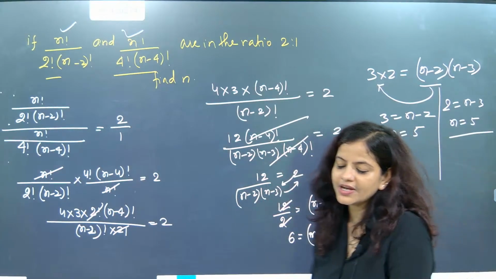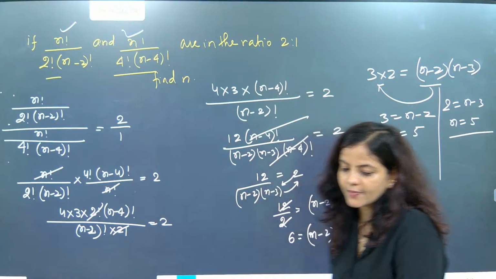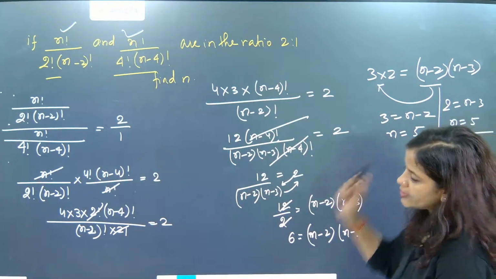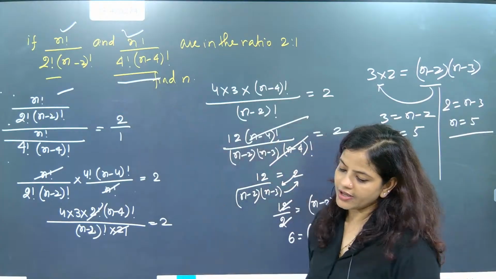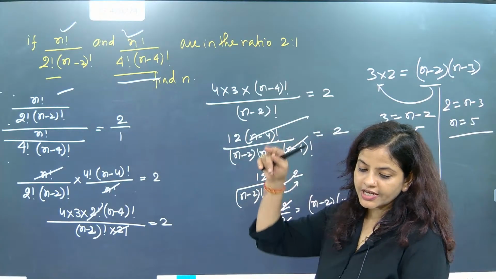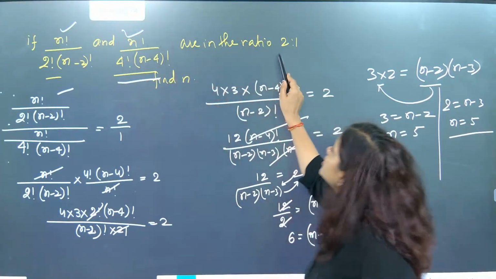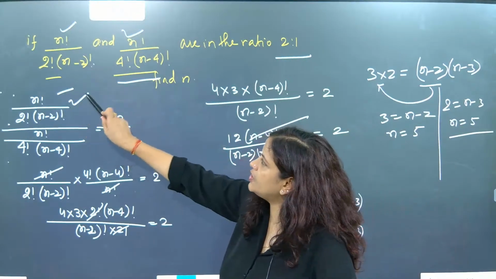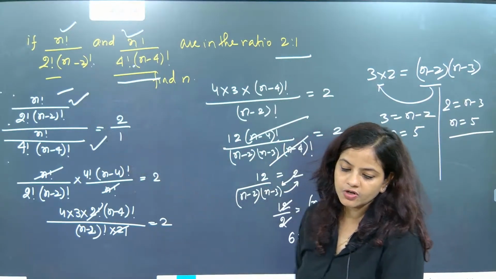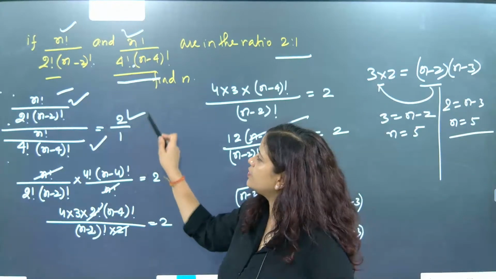yes, I'm going to explain it again, Divya. So now what is given to you is, this and this are in the ratio 2 is to 1. So first, the first one will come in numerator, the second one will come in denominator, and that will be equal to 2 by 1.